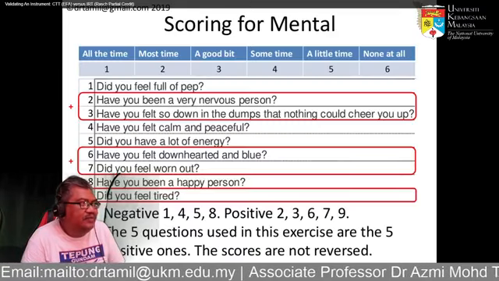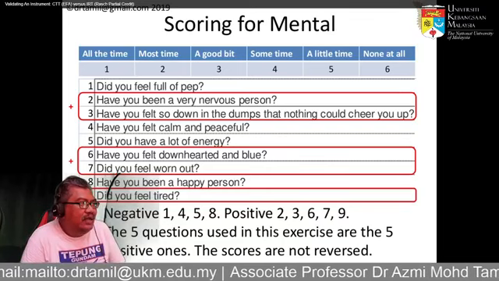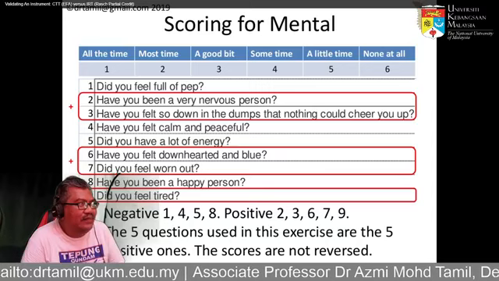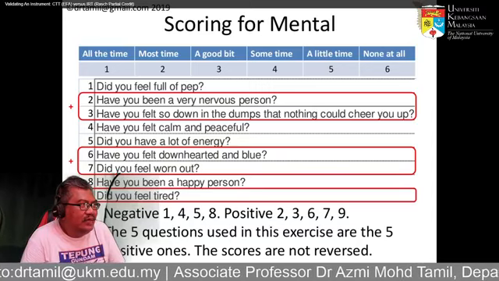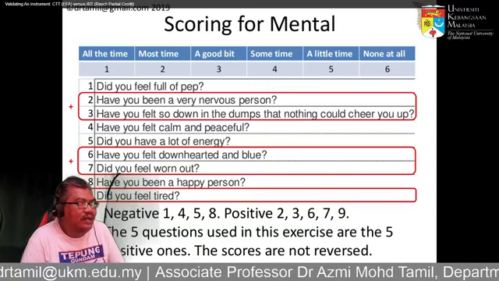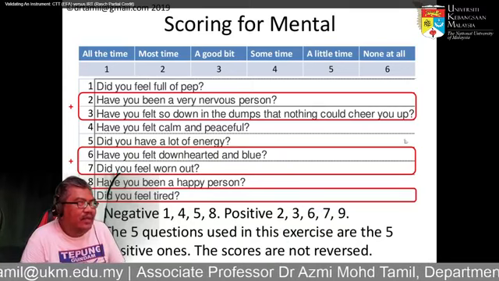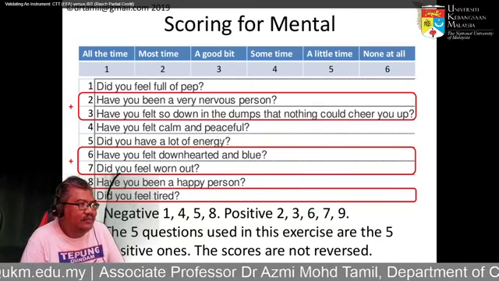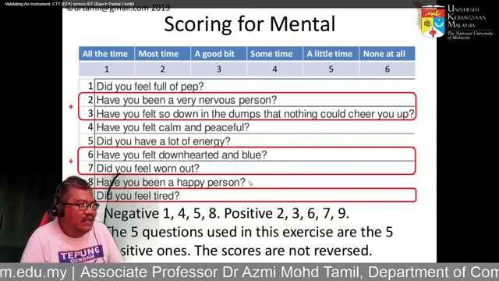For the mental score, I did check and I found out there are 9 questions for mental score, and there are positive scale, there are negative scale.